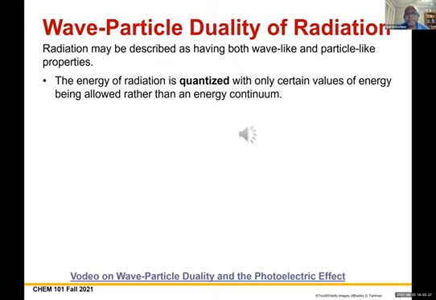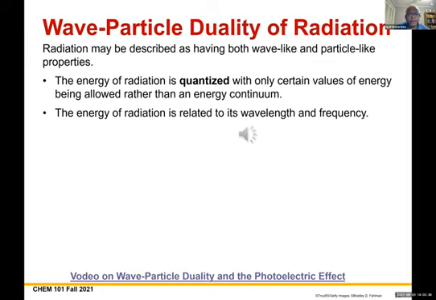Certain energy values are only allowed. Energy cannot be any continuum. There are steps up. Energy of radiation is related to frequency, and so this equation explains energies of small particles like atoms, electrons, etc.